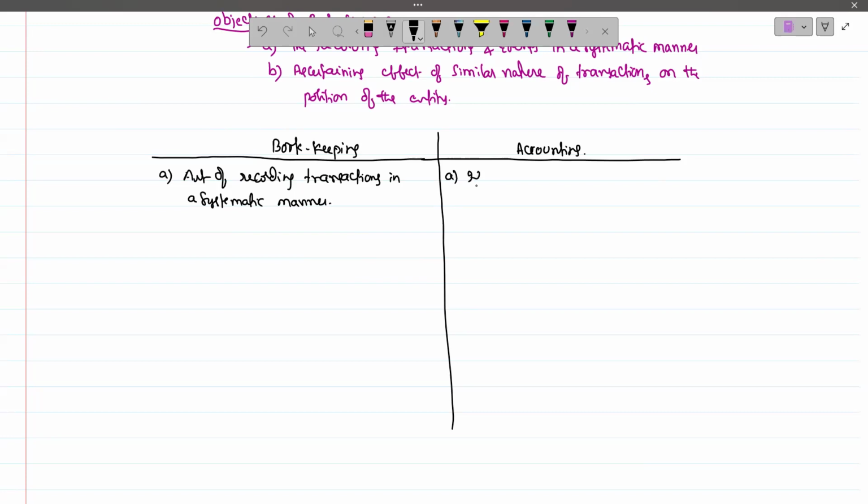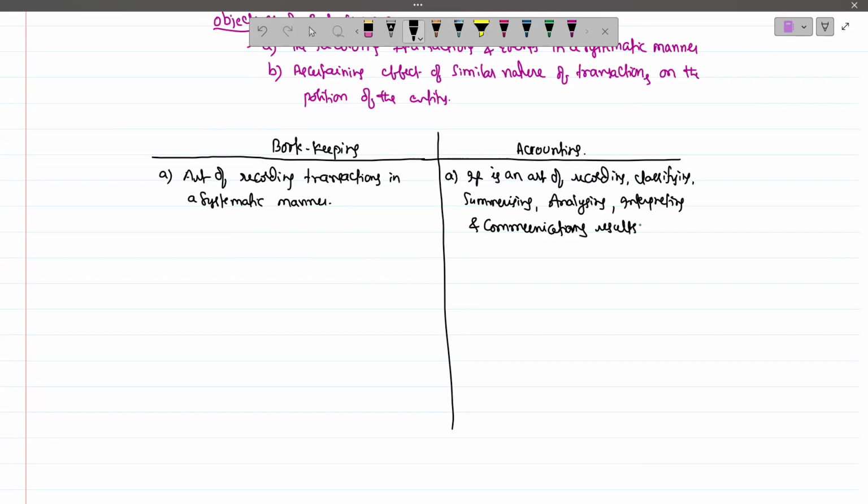But accounting is an art of recording, classifying, summarizing, analyzing, interpreting, and communicating results thereof relating to financial transactions.